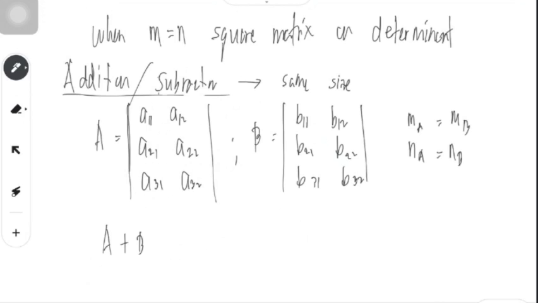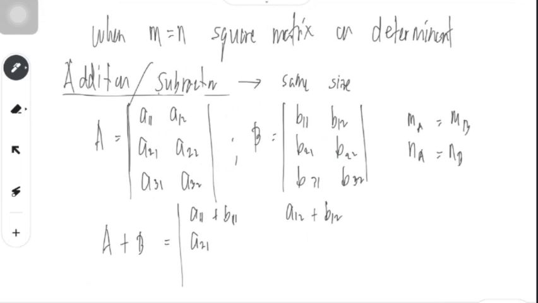Then you have to take the corresponding sum or difference, element to element. So the result will be: the first element on the first matrix is A11. The corresponding element on the second matrix is B11. That will be the resulting element of the sum, no? First element. So what next? It will become A12 plus B12.